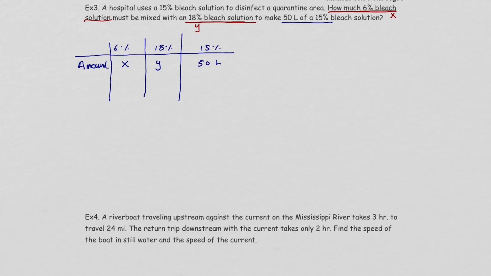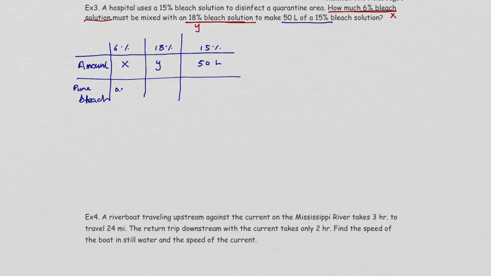What other information do we know? From what's given here, if we multiply these two, we will be able to get pure amounts. So if you want to write that down, finding the pure amounts, you multiply those two.